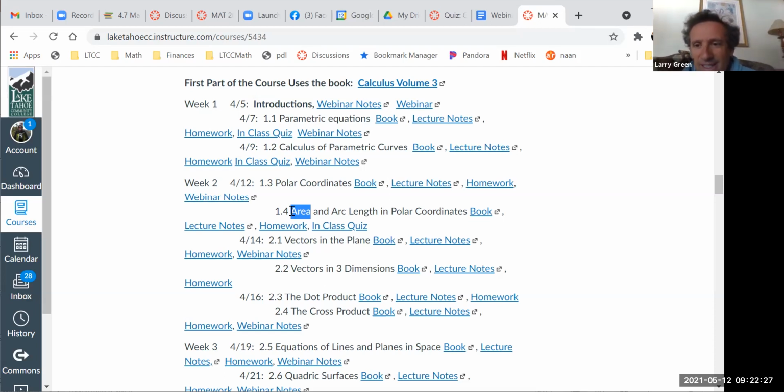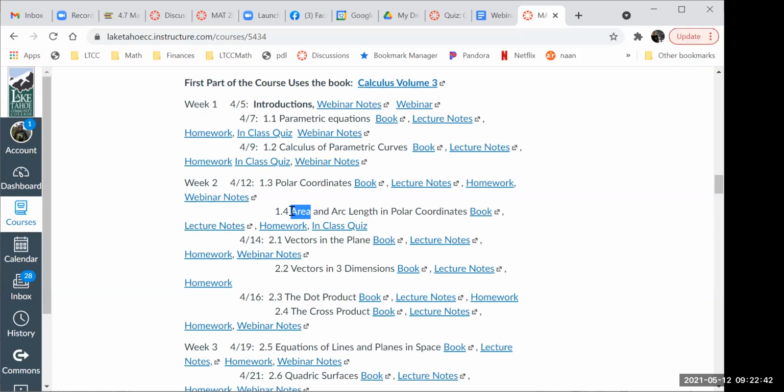So it's pretty simple actually. It's 1/2 of the integral from a to b of r squared theta d theta.